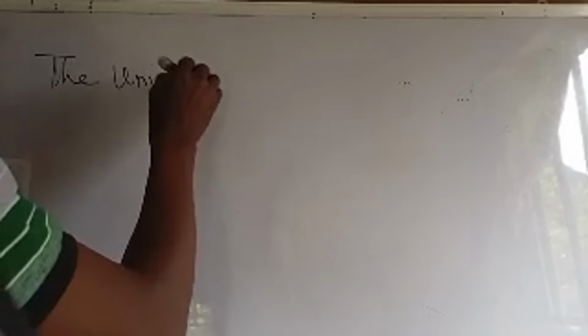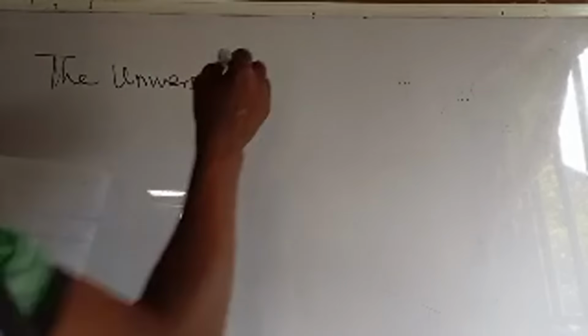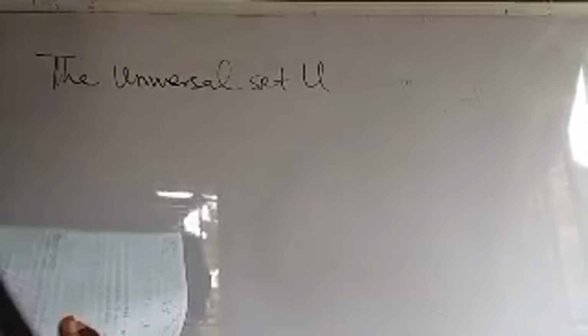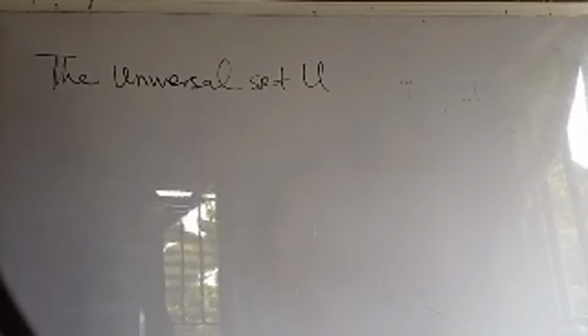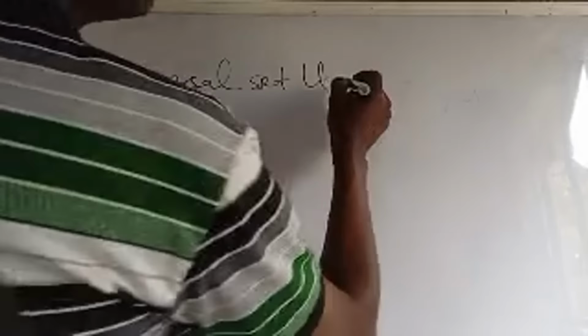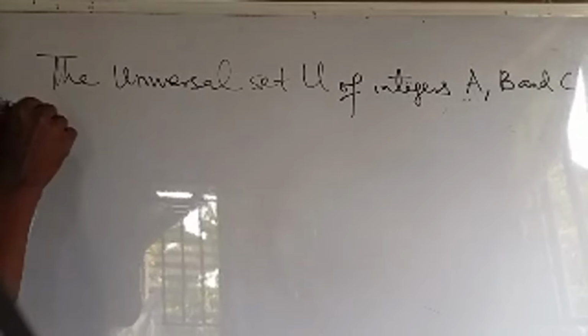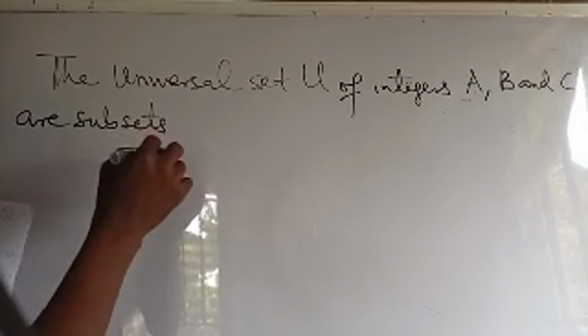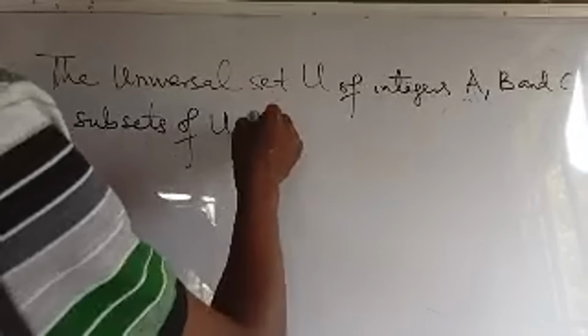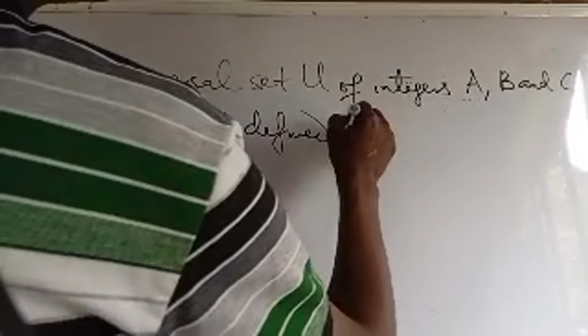The universal set U of integers. A, B, and C are subsets of U defined as follows.